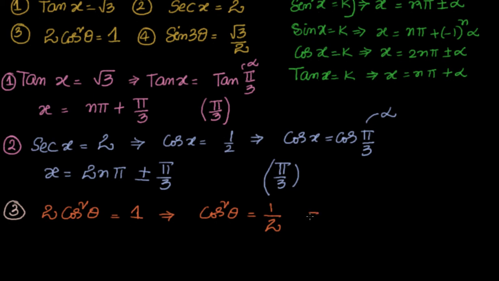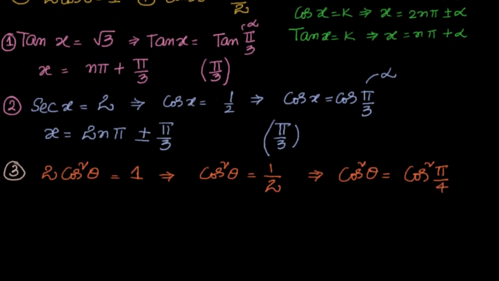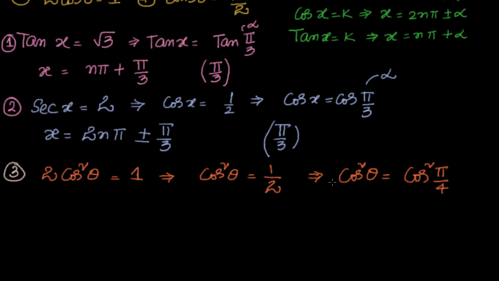But before that I should know what is alpha. Cos 45 equal to 1 by root 2, that is cos pi by 4. Can I say cos square pi by 4? Because cos pi by 4 can be 1 by root 2 or minus 1 by root 2. So cos square theta equal to cos square pi by 4. So alpha is equal to pi by 4.